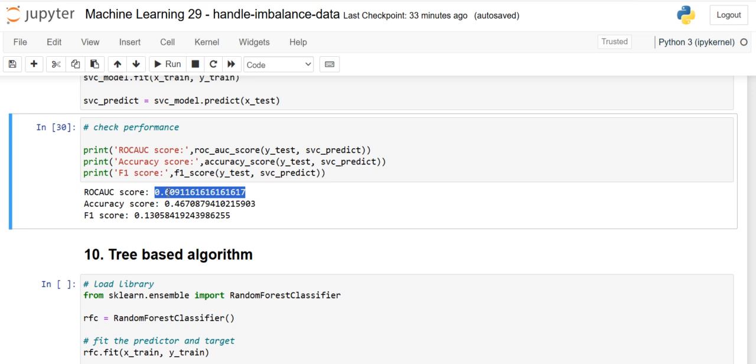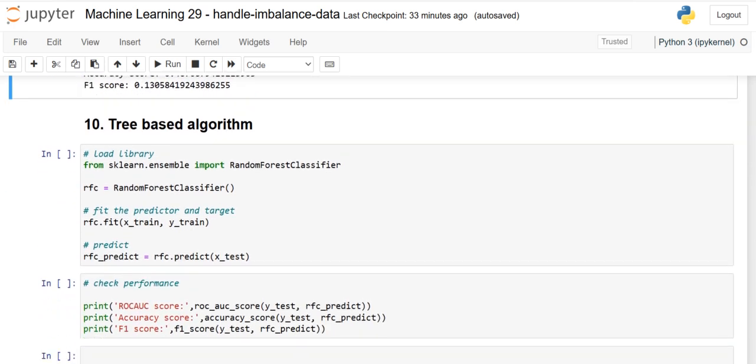And as I have already specified, you can also change the algorithm and check the accuracy. In such a case, we can go towards a tree-based algorithm. Dear friends, in every machine learning problem, it is a good rule of thumb to try a variety of algorithms. It is especially beneficial with imbalanced data sets.